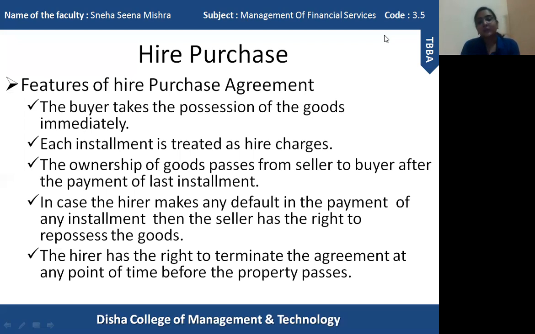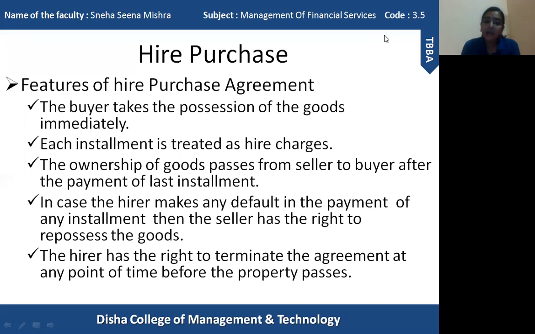So if the buyer fails to pay any installment or is unable to pay any installment, the seller can take the possession of the good, and the paid installments will be considered as hire charges. Clear? The last feature here says that the hirer has the right to terminate the agreement at any point of time before the property passes.